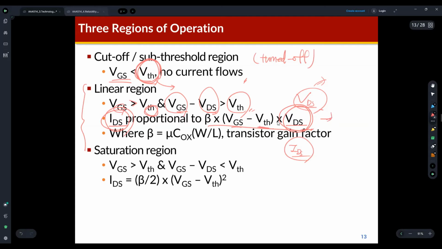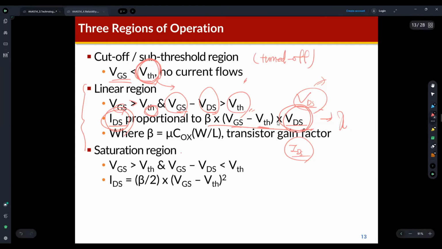Which means the transistor is turned on in the linear region, so the electric charge can move through the electric channel between the drain and source in the linear region.